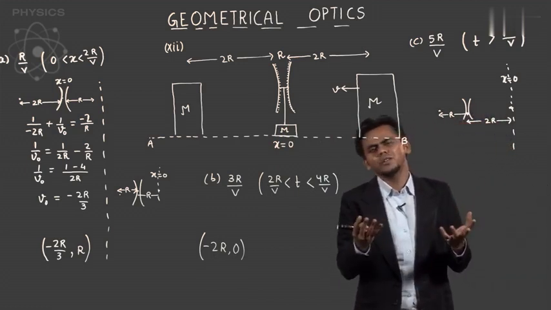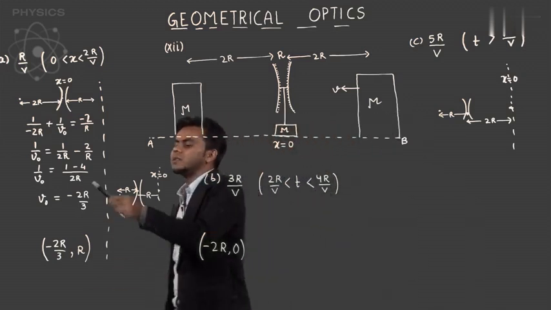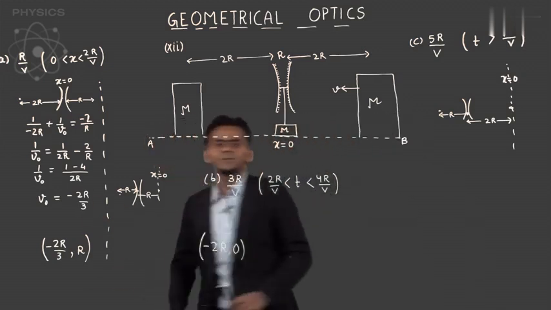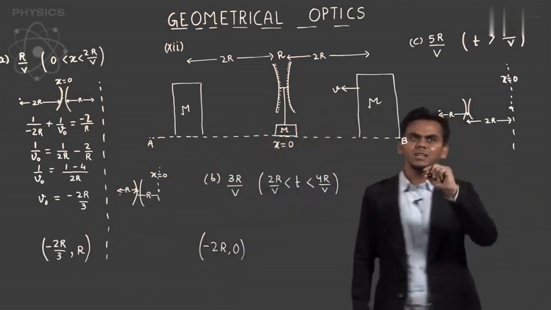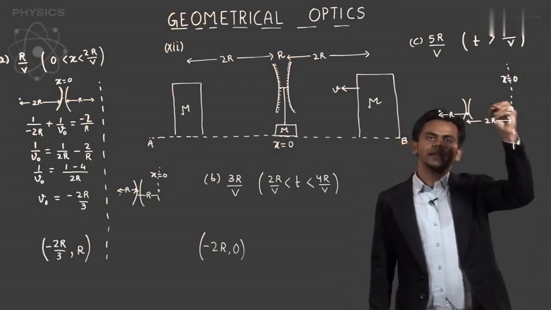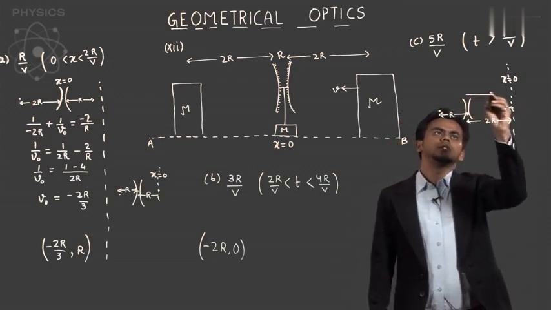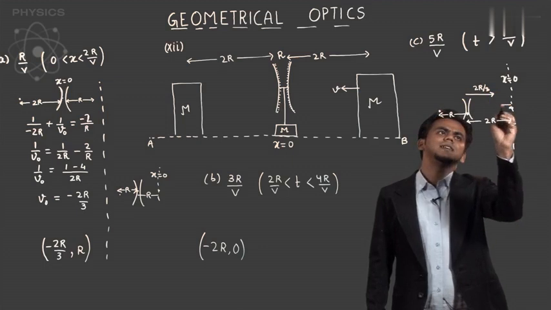If I use the mirror formula again, it's similar to this idea, right? I'll get minus 2r by 3. But that minus 2r by 3 would be with respect to which point? With respect to this point. So one image would be here of this point and the other image would be here, right? This would be your image. This would be how much? 2r by 3. I need this length.